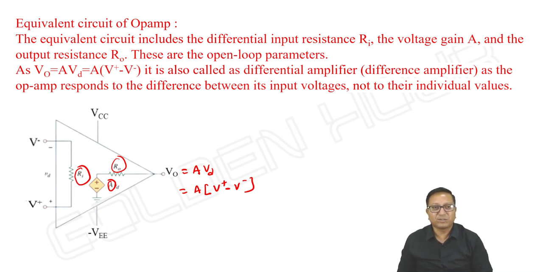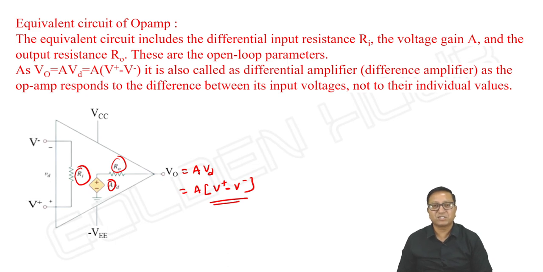Also, Vout is equal to A into Vd, where Vd is equal to V plus minus V minus. It is also known as a differential amplifier or difference amplifier, as the op-amp responds to the difference between its input voltages. From this equation, we can understand that the op-amp is amplifying the difference of the two input voltages.